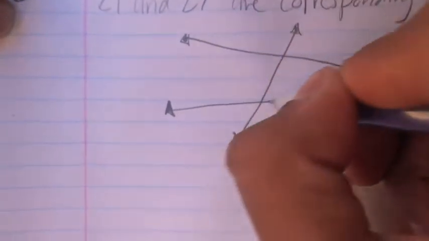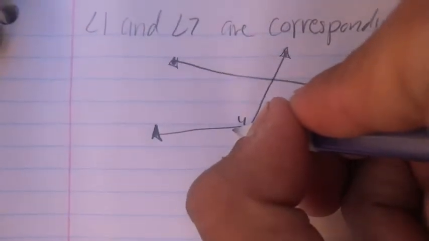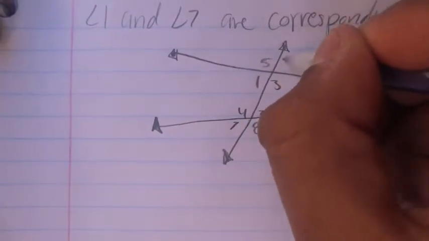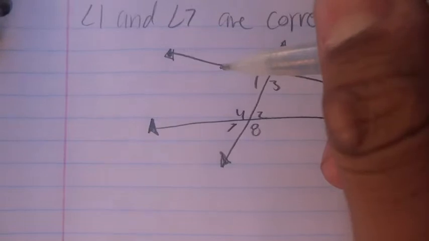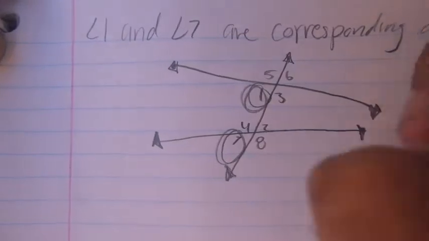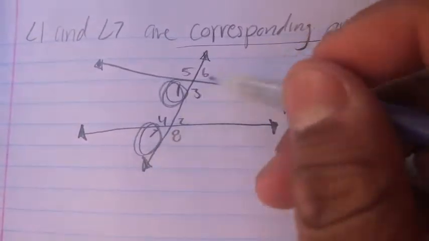As you can see, here's the transversal. 4, 2. Alright, corresponding angles 1 and 7 are going to be corresponding angles.